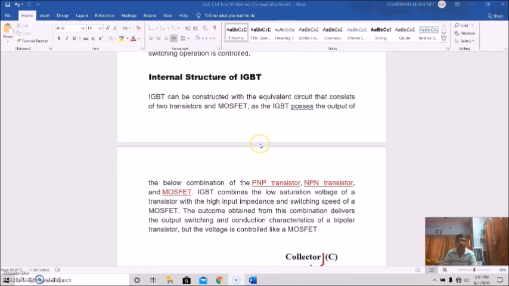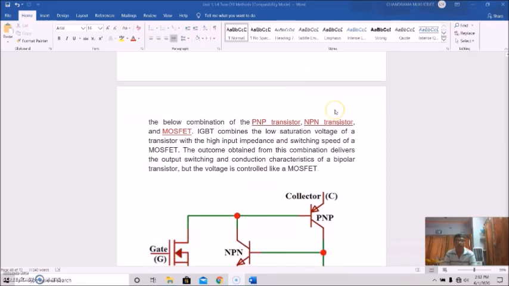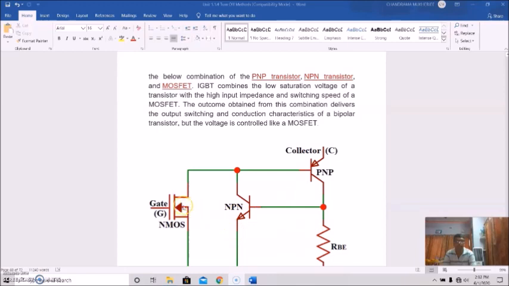So what is the internal structure of IGBT? It can be constructed with an equivalent circuit. It consists of two transistors and a MOSFET, as the IGBT possesses the output of the combination of PNP and NPN transistors, and this MOSFET. So IGBT combines the low saturation voltage of a transistor with the high input impedance and switching speed of a MOSFET.